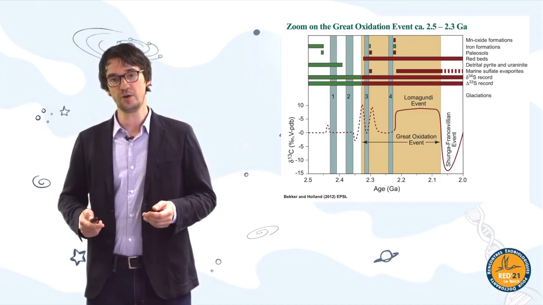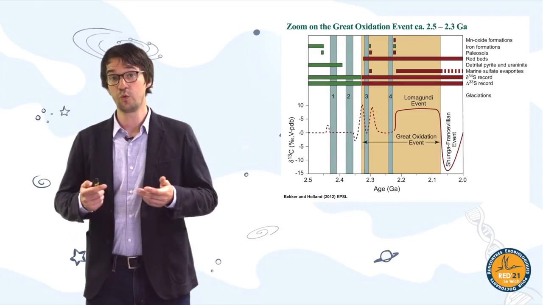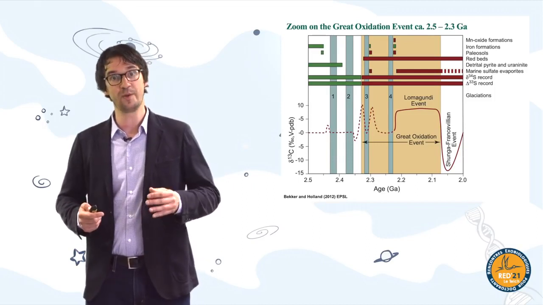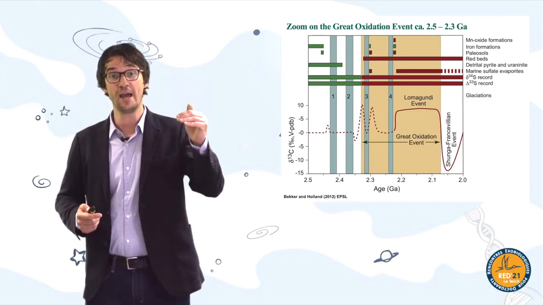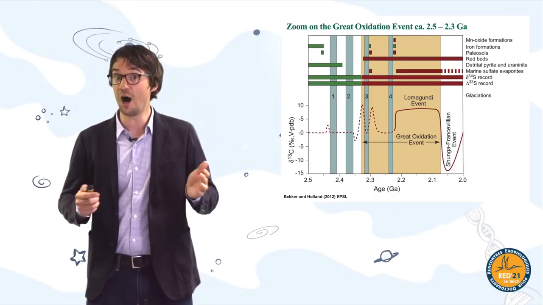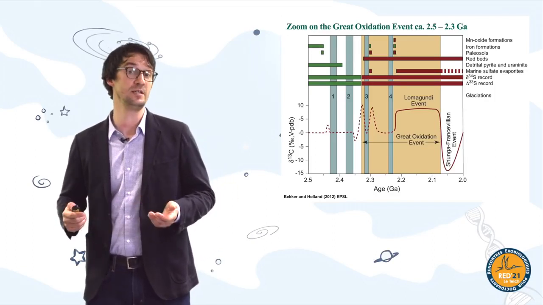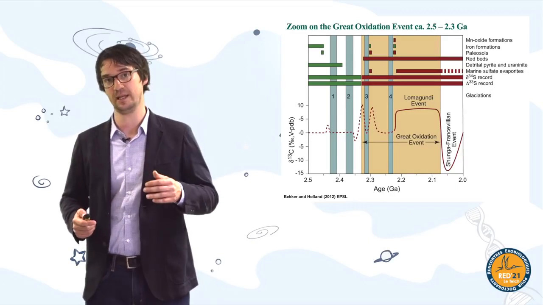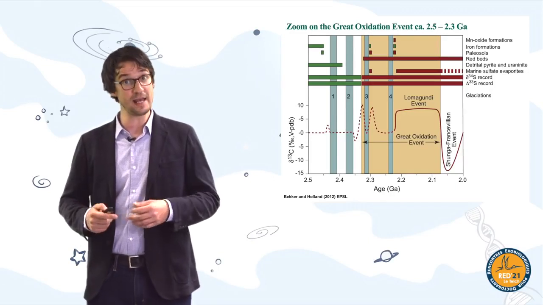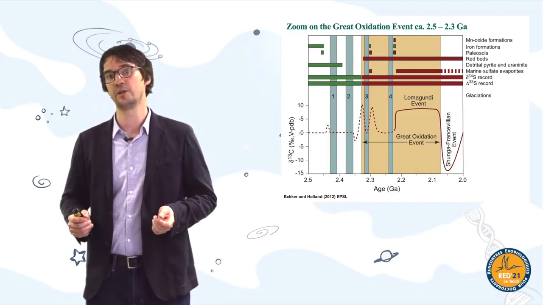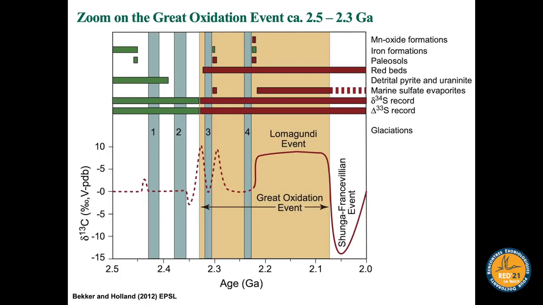And what you can see here is that sedimentary carbonates worldwide appear to have become isotopically much heavier, for about 150 to 200 million years, and significantly heavier by about 10 per mil. This event, the Lomagundi event, represents Earth's largest and most long-lasting carbon isotope excursion.